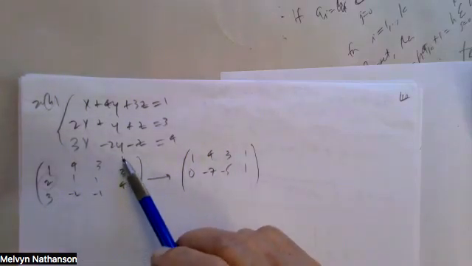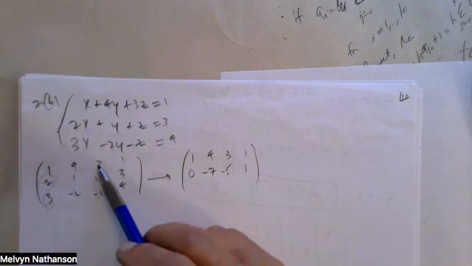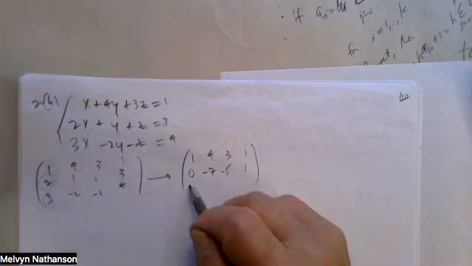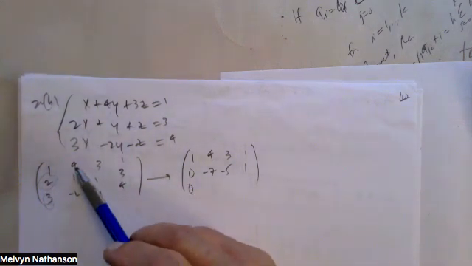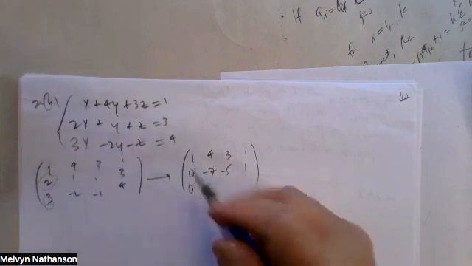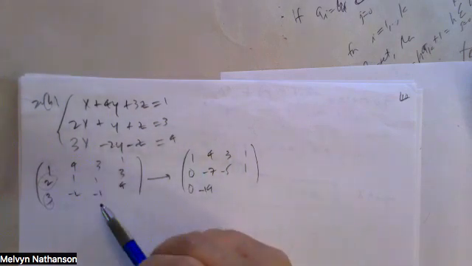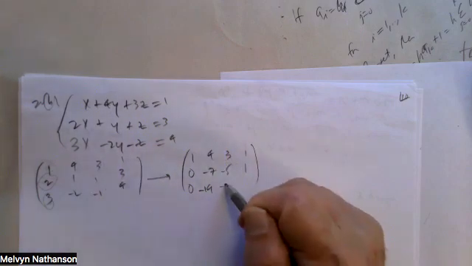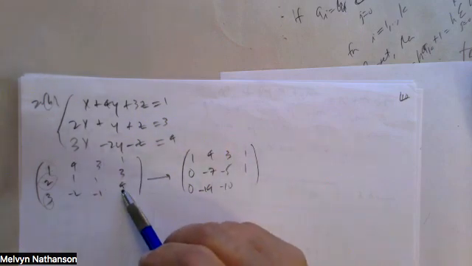And I want to get a 0 here, so I take the third row minus 3 times the first row. 3 minus 3 is 0. Minus 2 minus 12 is minus 14. Minus 1 minus 9 is minus 10. 4 minus 3 is 1.